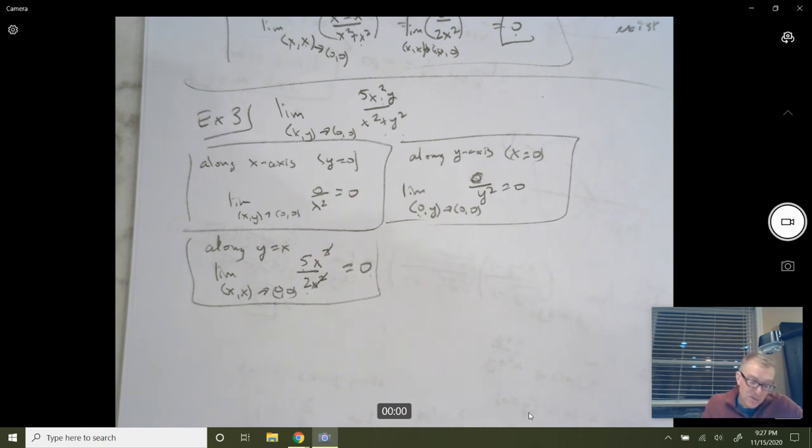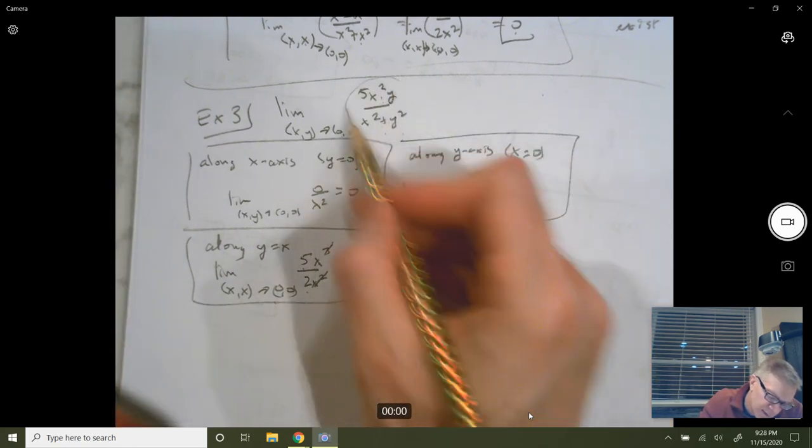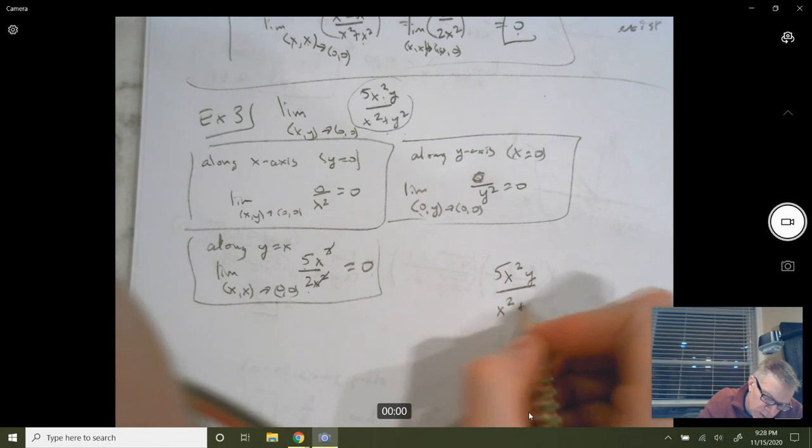But to prove it, this book uses deltas and epsilons, and that's a method of learning calculus that you did not learn last year, so I'm not going to introduce that. That's just another way that you can prove some of these things. But we're going to prove this with the squeeze theorem, or sandwich theorem. Our function is 5x squared y over x squared plus y squared.